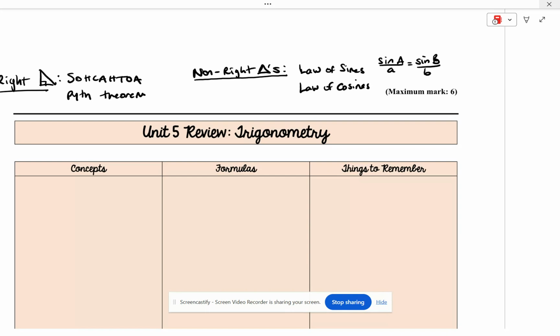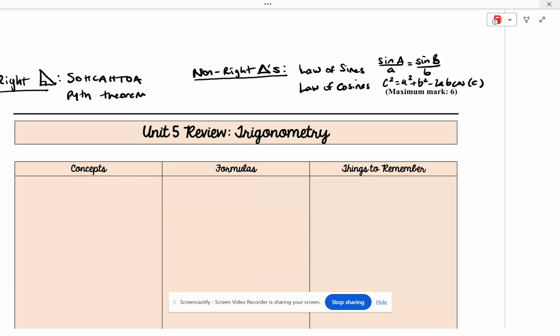And then we're also going to have the law of cosines. So let's remember that when we are doing law of cosines, chances are the problem is probably in degrees, but it also could be in radians, so just make sure that you are double checking the correct mode.